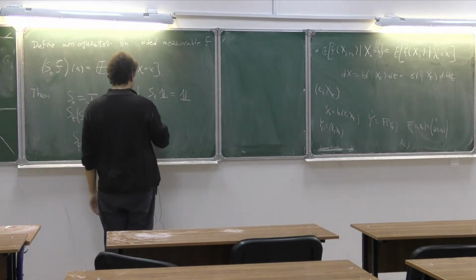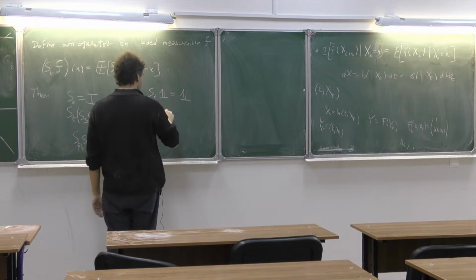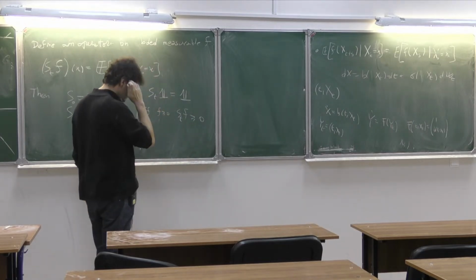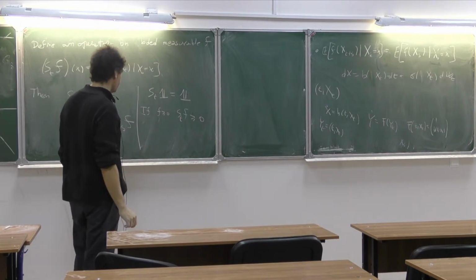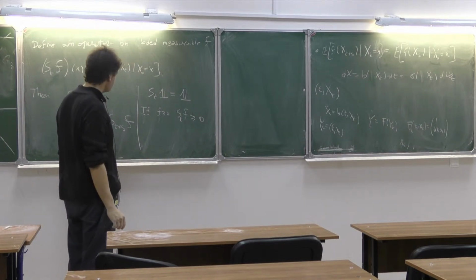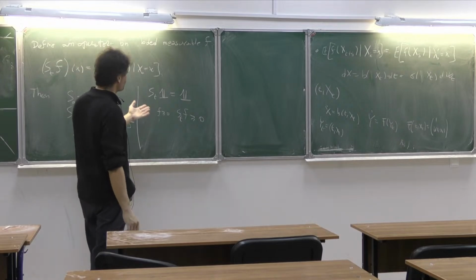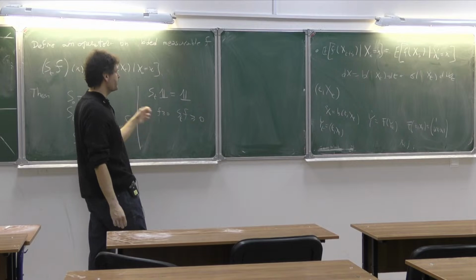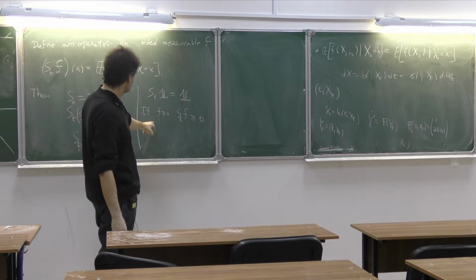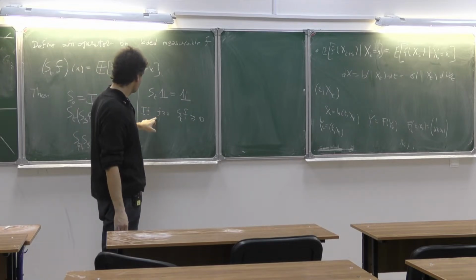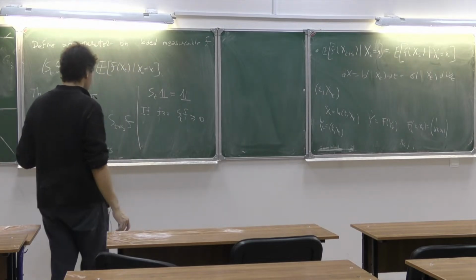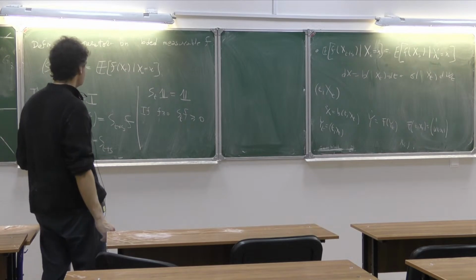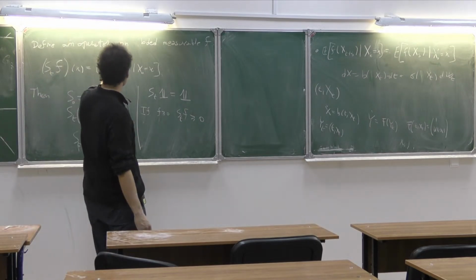If F is positive, S_t F is also positive, it preserves positivity. Also, if F is bounded by a constant, S_t F is bounded by the same constant, but I think it's a consequence, because the expected value is positive.